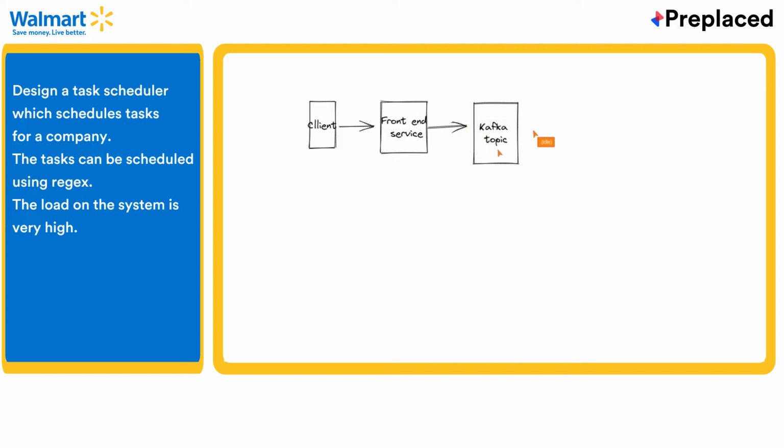So I was thinking about the Kafka topic. Let's assume that for a particular client the load will not be very high, however overall there can be many clients, right? Yeah, that is a valid assumption which you can make.